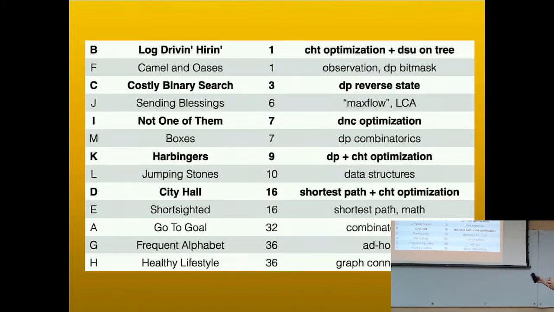It's the one where you want to send from U to V, but each node has a capacity. Okay. Any volunteers for problem B?